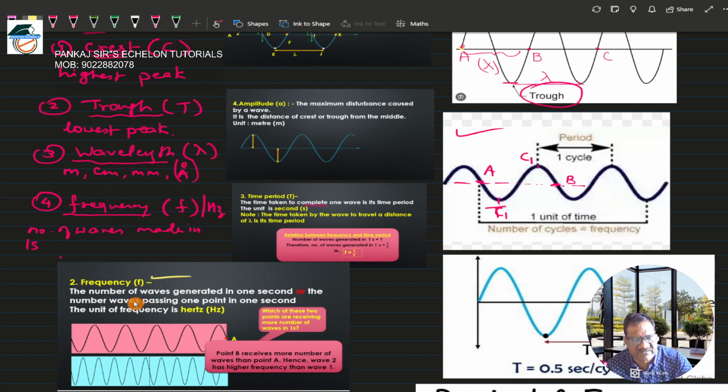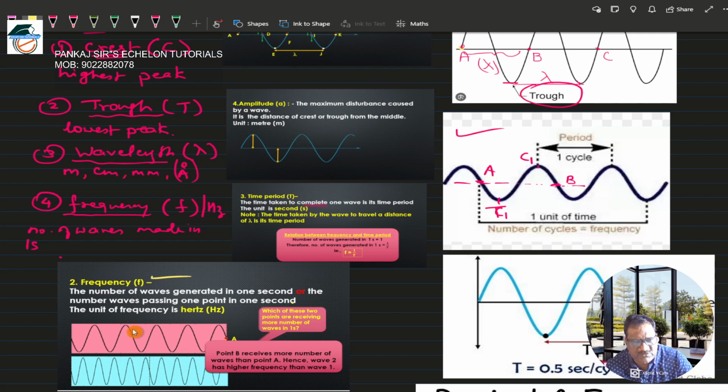Frequency is denoted by a small f. The number of waves generated in 1 second, or the number of waves passing one particular point in 1 second, is known as frequency. The unit of frequency is hertz, and the symbol for hertz is a capital H followed by a small z. Is that clear?